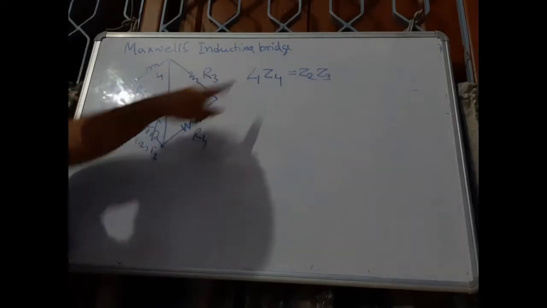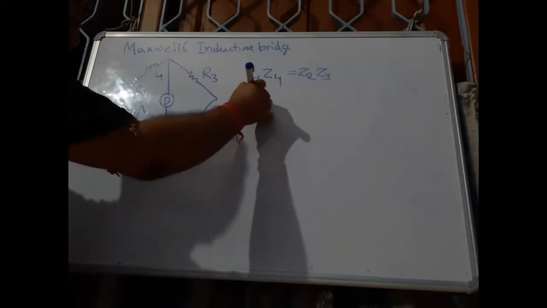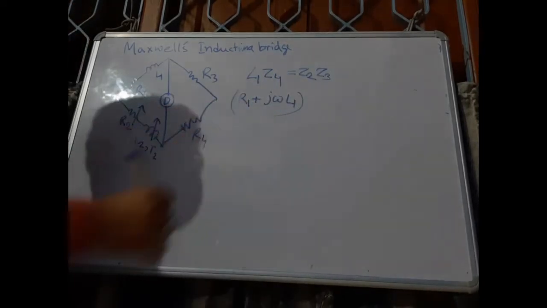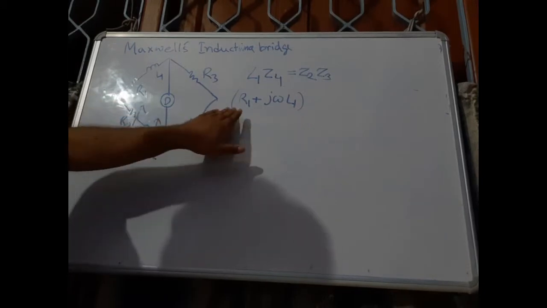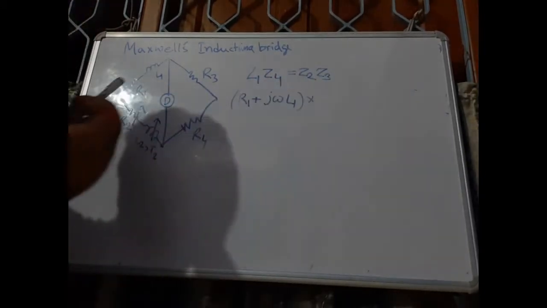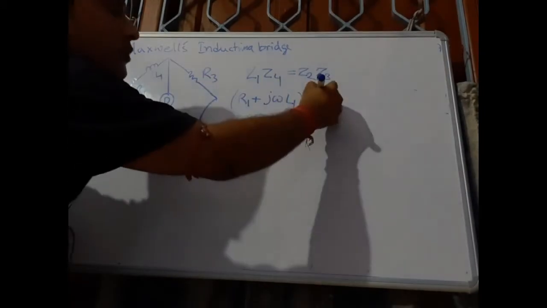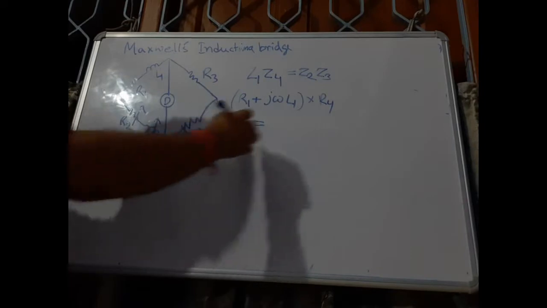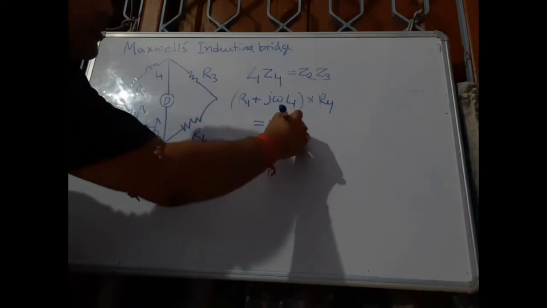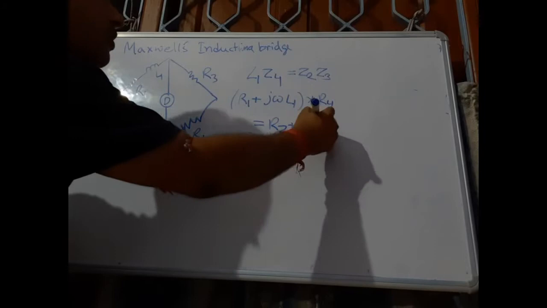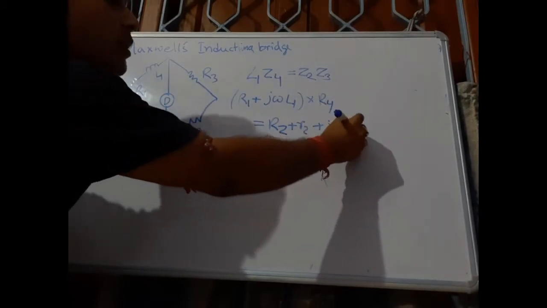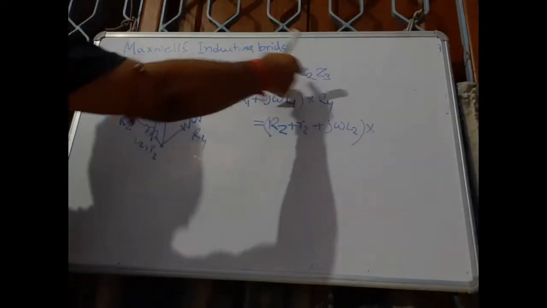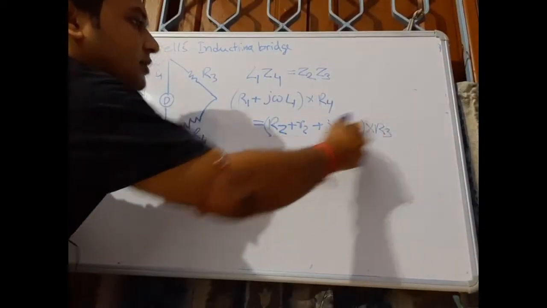Now what is Z1? Z1 is R1 plus j omega L1. And Z4 is R4, equals Z2, which is capital R2 plus small r2 plus j omega L2, and that into Z3, which is R3.